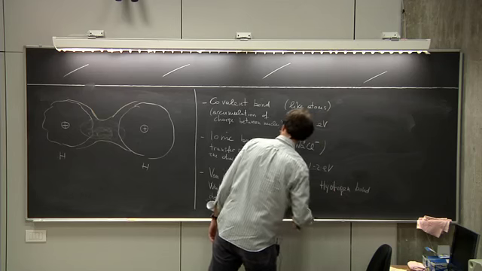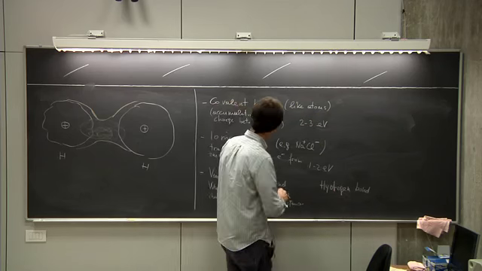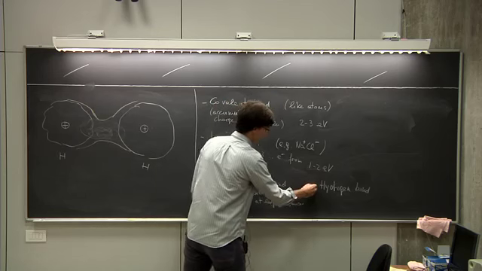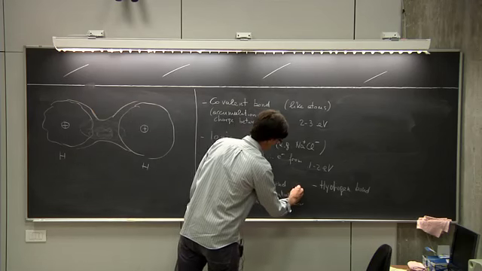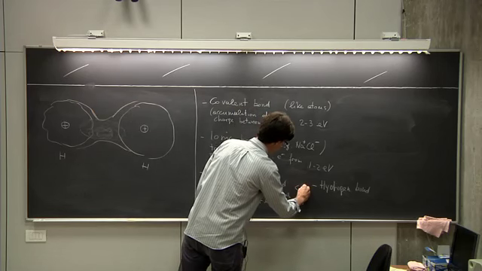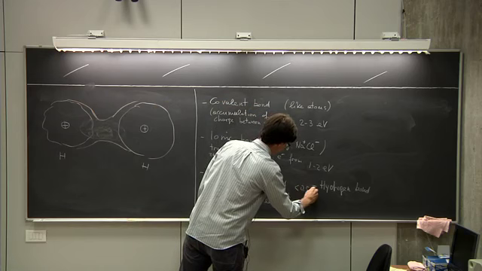The hydrogen bond is a bond that is very peculiar. Oh, van der Waals bond, it can be typically of the order of less than 0.5 electron volts, let's say.